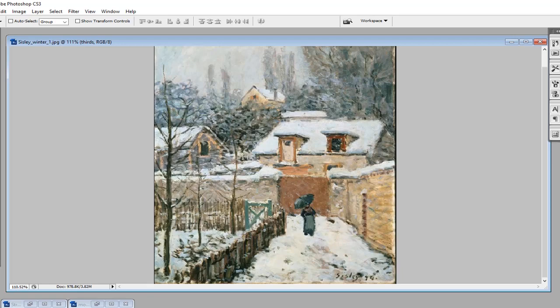When we look at this piece, we can see that there's a woman walking down a kind of rustic street covered with snow, carrying an umbrella or parasol, perhaps walking at her leisure and enjoying the scenery, the gentle snowfall that we can perceive in the gestural brush strokes, as well as the general coating of snow pretty much covering everything here.